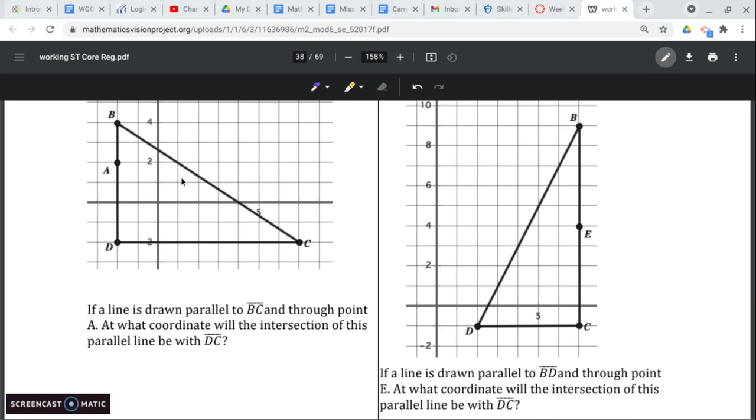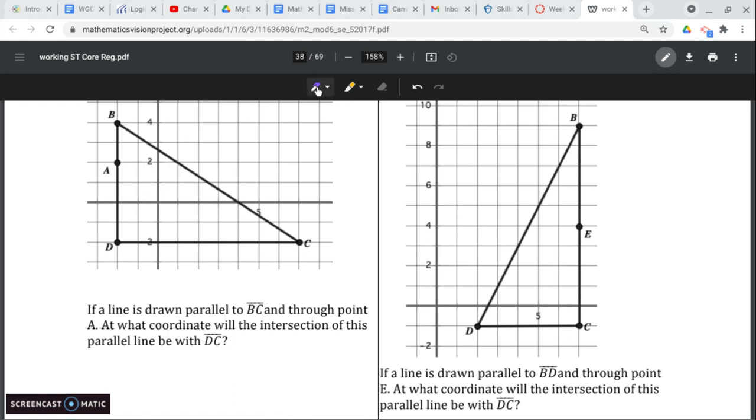Well, to figure this out, we want to look at what the slope is of the line BC, because if it's going to be parallel, they have to have the same slope. So for B, we're going down 1, 2 over 1, 2, 3.